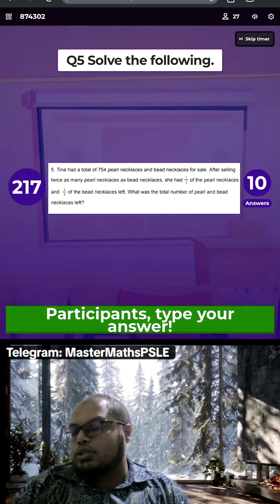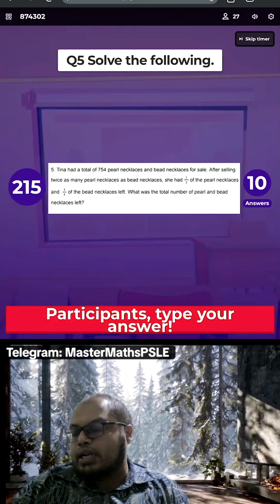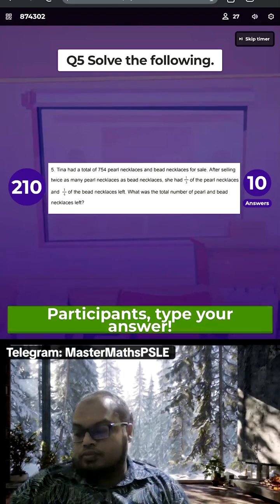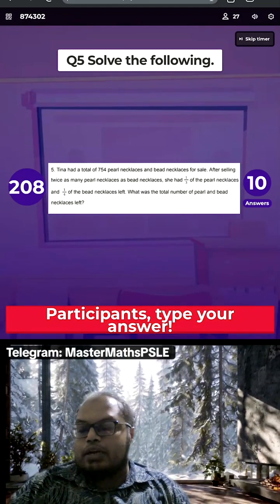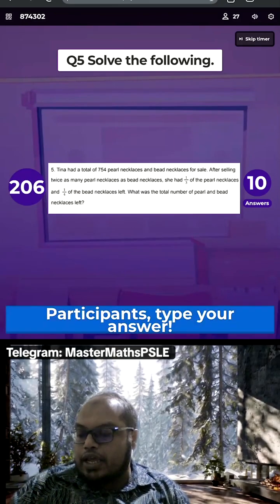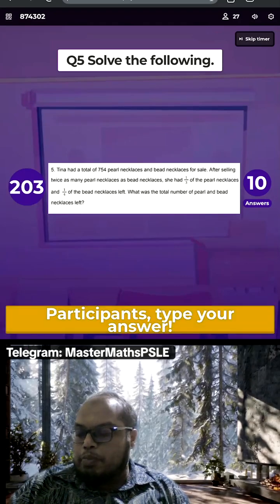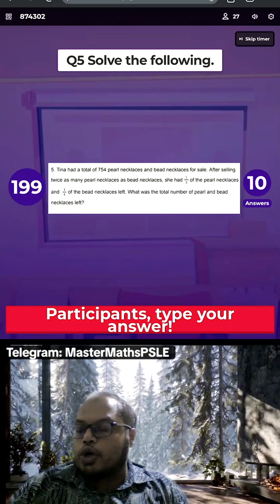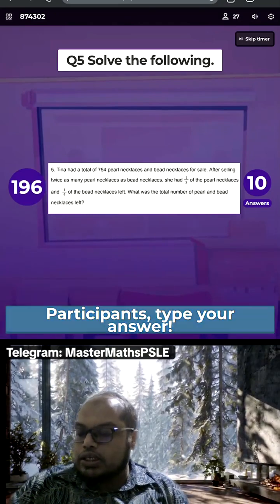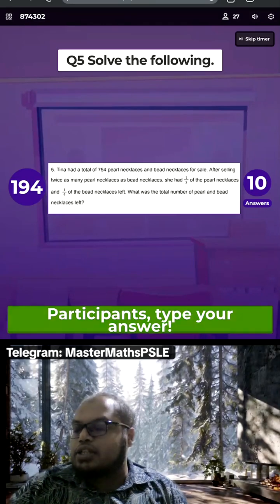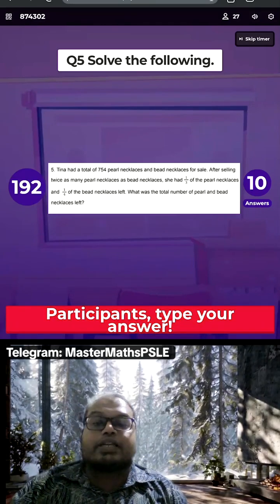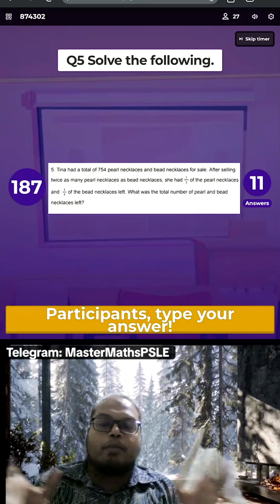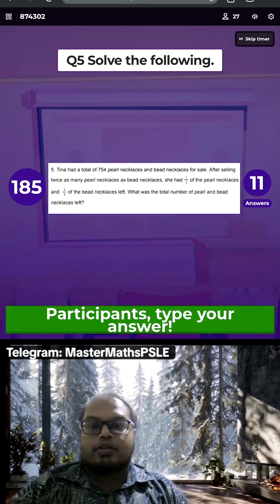What was the total number of pearl and bead necklaces left? So don't immediately think about pearl being 3 units and bead necklaces being 4 units. There must be something to join it together, which is where they say after selling twice as many pearl necklaces as bead necklaces. So you can use the information to link together so you can form proper units.